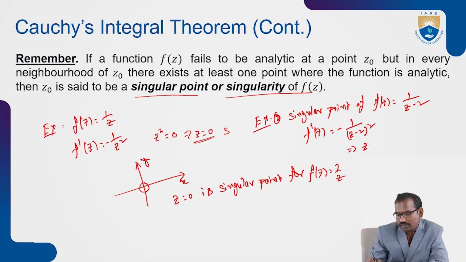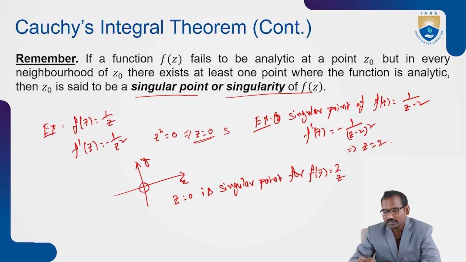Because it is a rational function, equating the denominator to 0, you will get z equal to 2. So at z equal to 2, and only at 2, the function fails to be analytic. All remaining points satisfy the analytic condition. That's why in every neighborhood of 2 we can find at least one point where the function is analytic. So that's why 2 is a singular point.